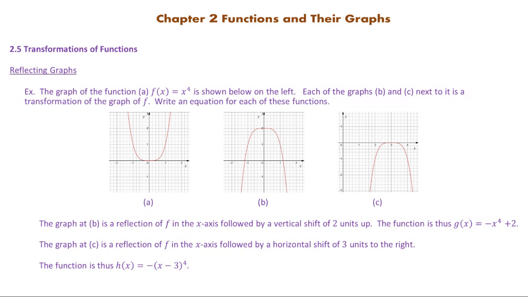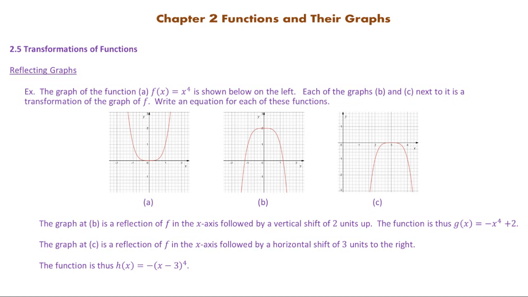If each of the graphs B and C next to it is a transformation of the graph of f, write the equation for each of these functions. Okay. So we're doing the opposite of the first example. We are given the graph. We need to write down the equation of the graph.